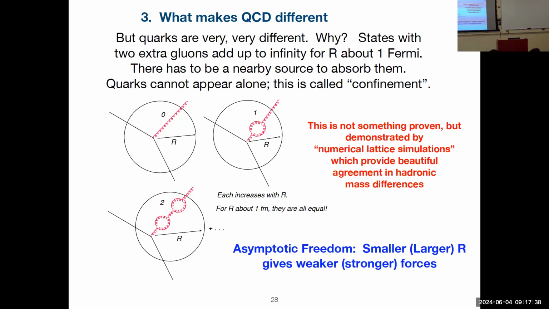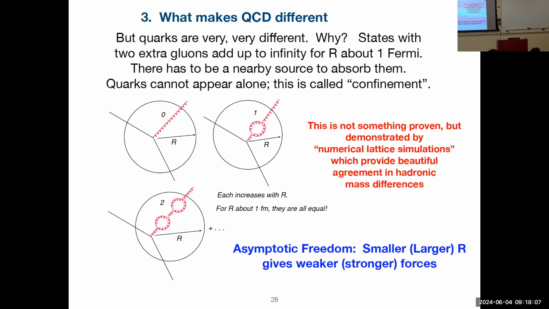And similarly for p prime minus q, it's the same thing. So we have 2 omega p minus q, 2 omega p prime minus q. This is the measure for the sum over states.